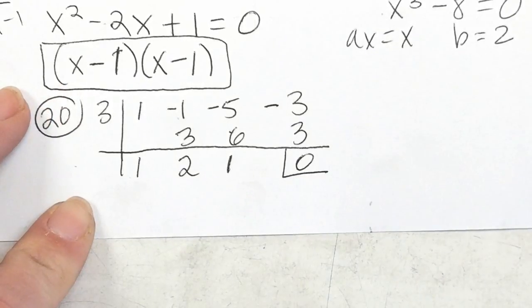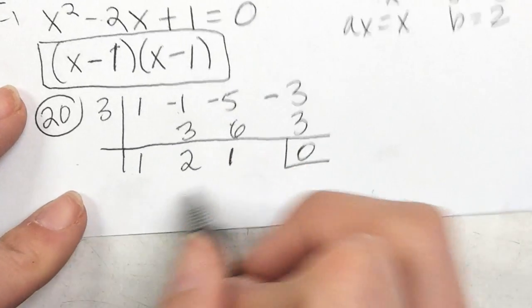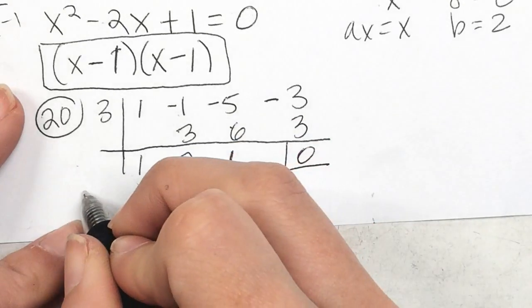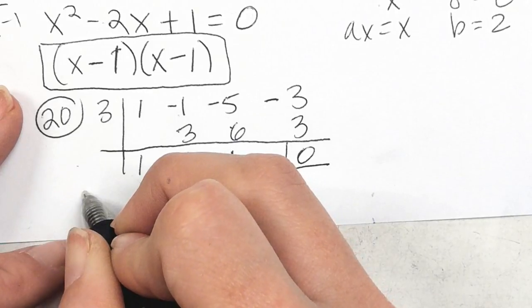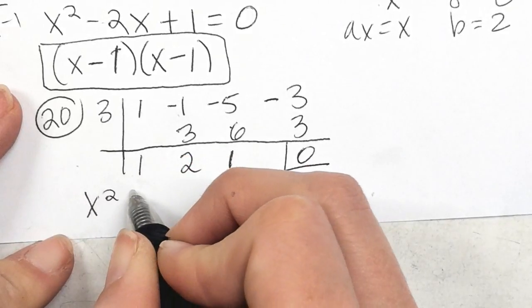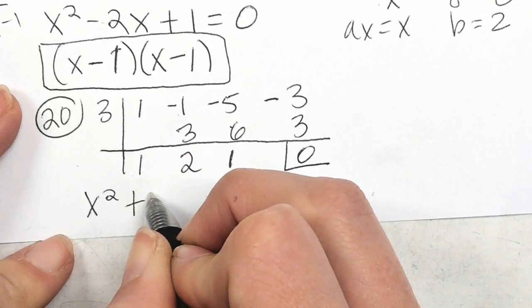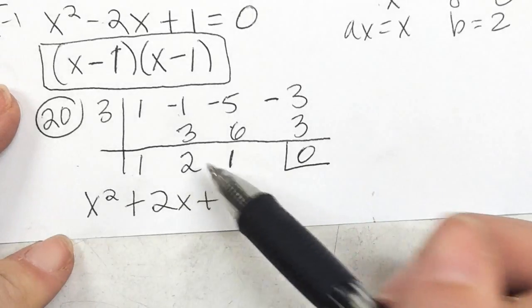Good. Alright. Who wants to tell me how to write my polynomial from this? Go ahead. Y'all gonna make me pick somebody? X squared, go ahead. Plus 2x plus 1. Good. This is going to be a positive 2.